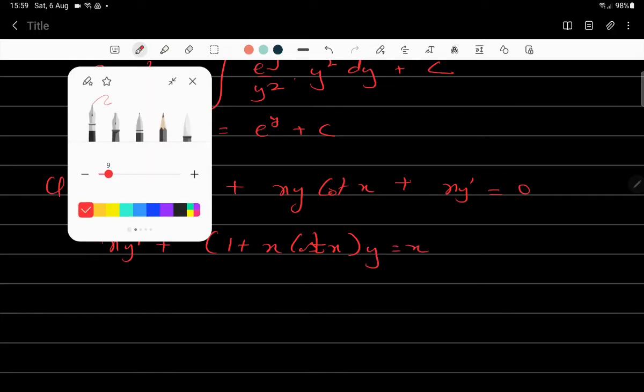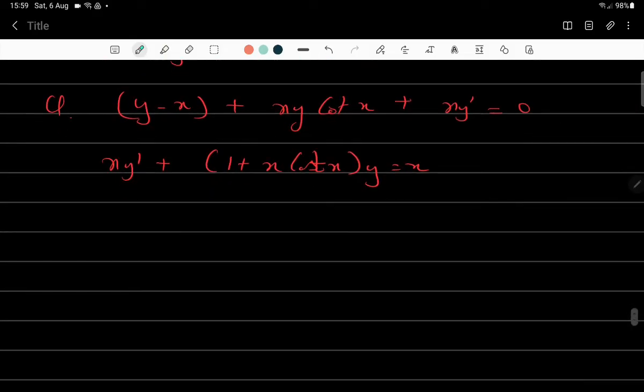So it looks like it may turn out to be a linear differential equation, which means y dash plus (1 by x plus cot x), which is my p of x, times y is equal to 1.